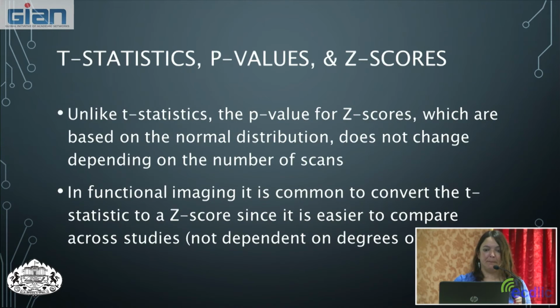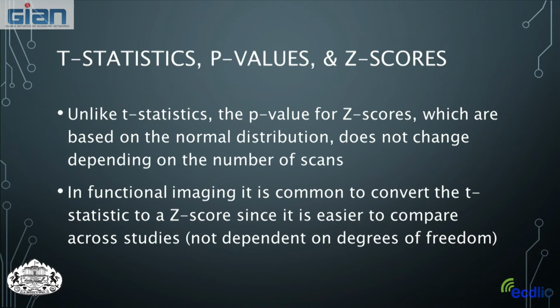Okay, so unlike the t-statistic, the p-value for z-scores is based on the normal distribution and doesn't change depending on the number of scans. So sometimes people will take their t-value and convert it to a z-value.